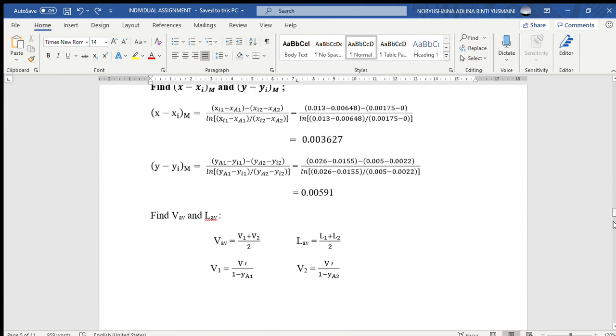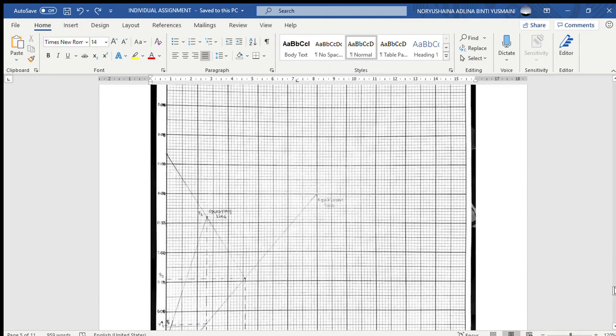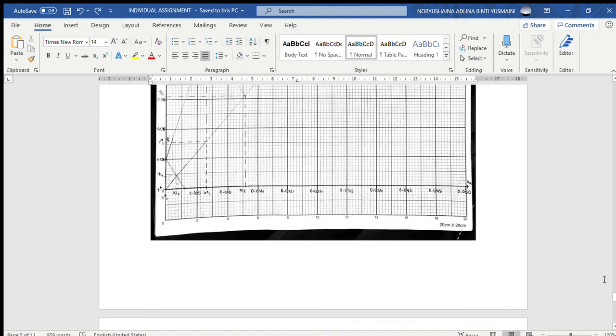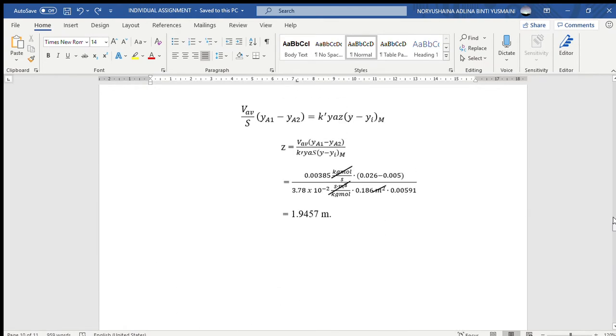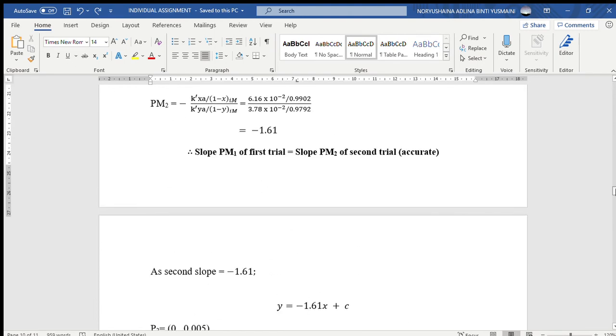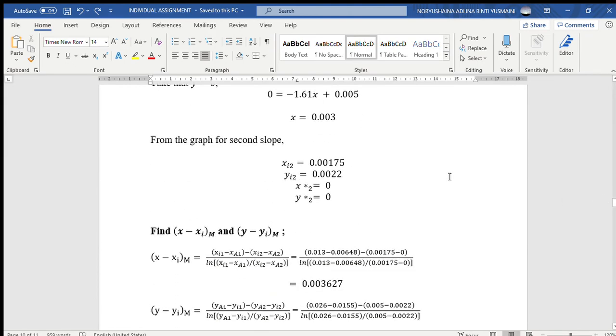For the second slope, we can obtain the value of yi2 and xi2 as well as y star 2 and x star 2. So after that, I managed to get all these values from the graph.